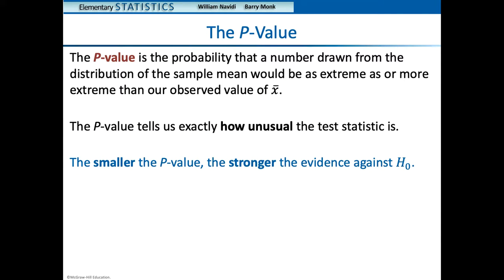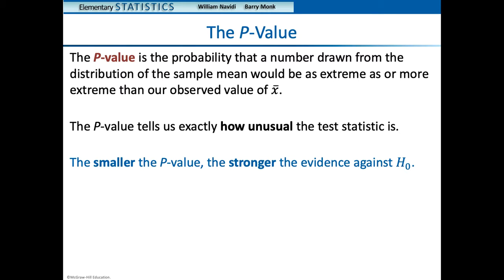So the p-value is what it is. It is the probability that a number drawn from a distribution of the sample mean would be as extreme or more extreme than an observed value of the sample mean.